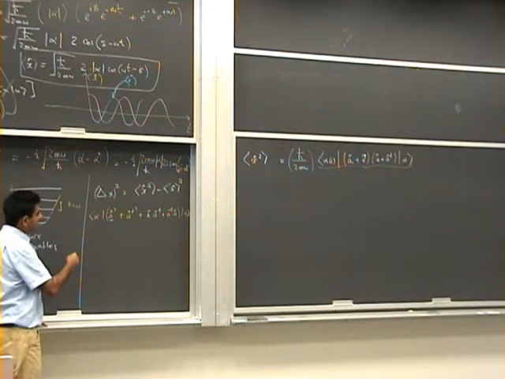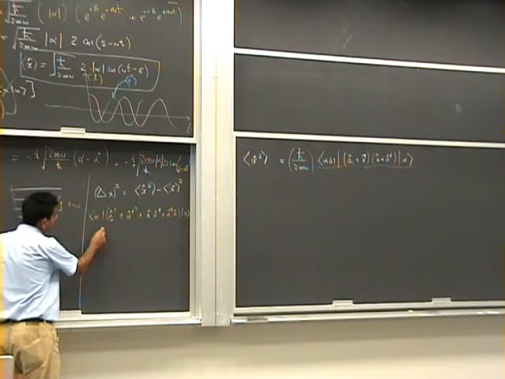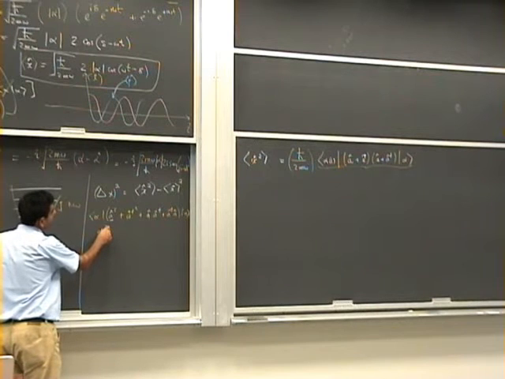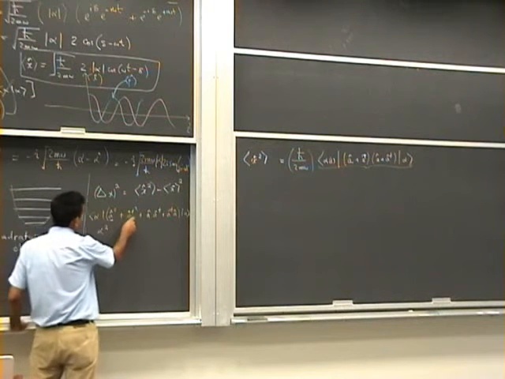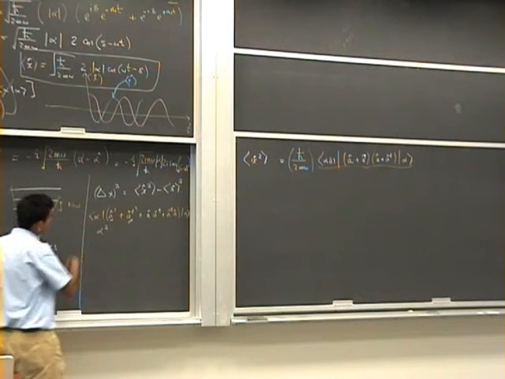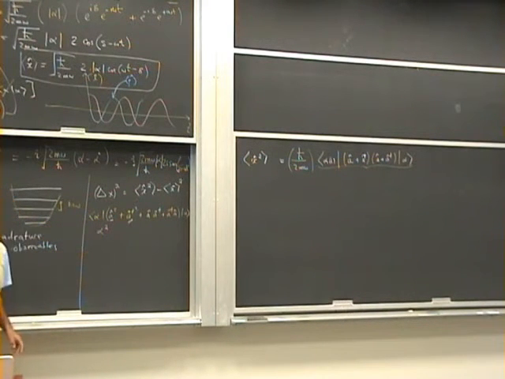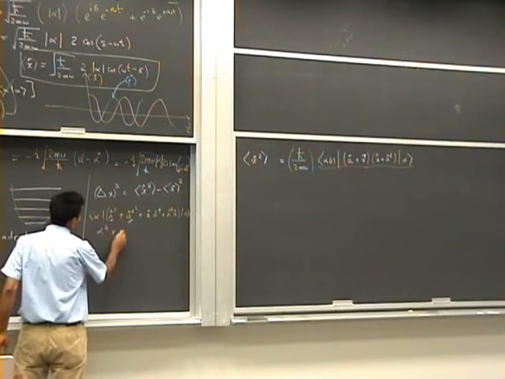So acting once I get alpha, acting twice I get alpha squared. Now when A dagger acts on this bra alpha, I get alpha conjugate. So we get an alpha conjugate squared term.